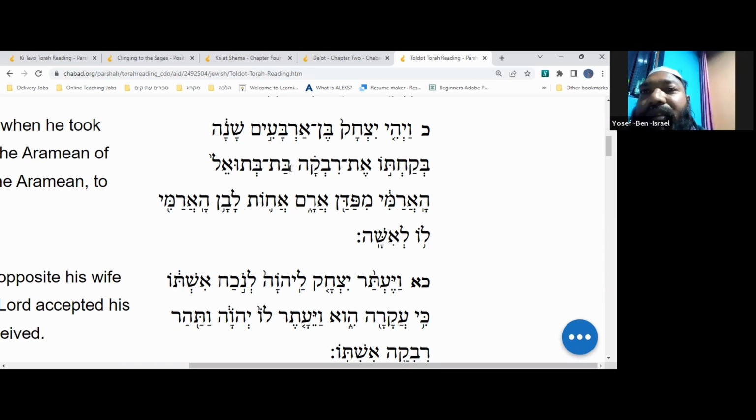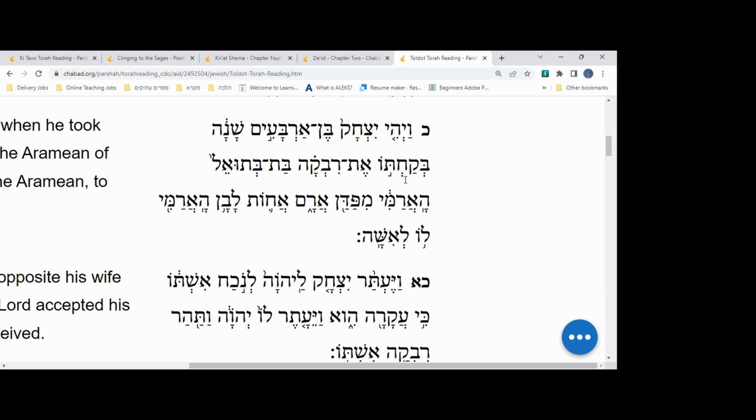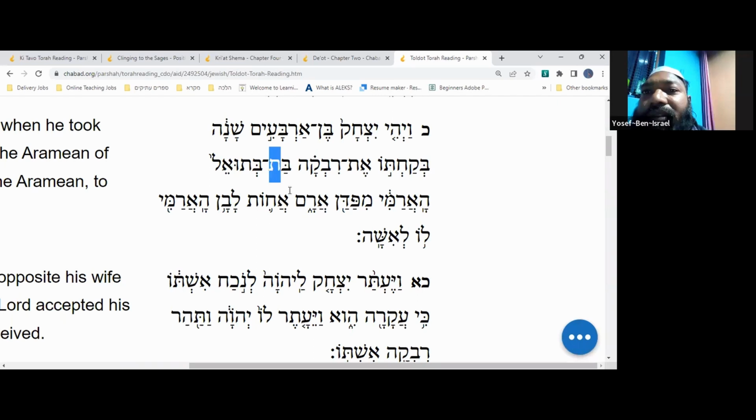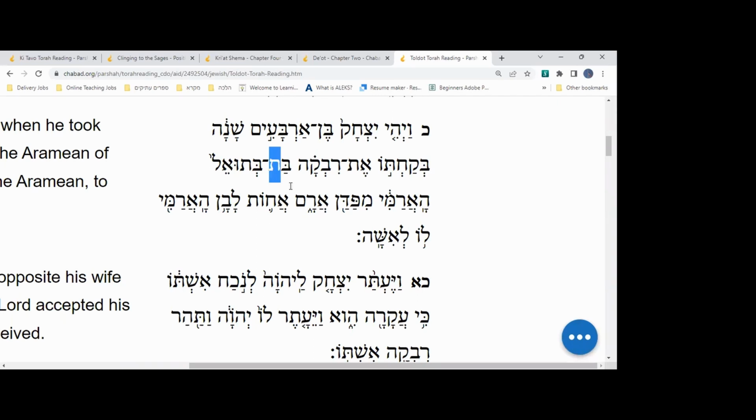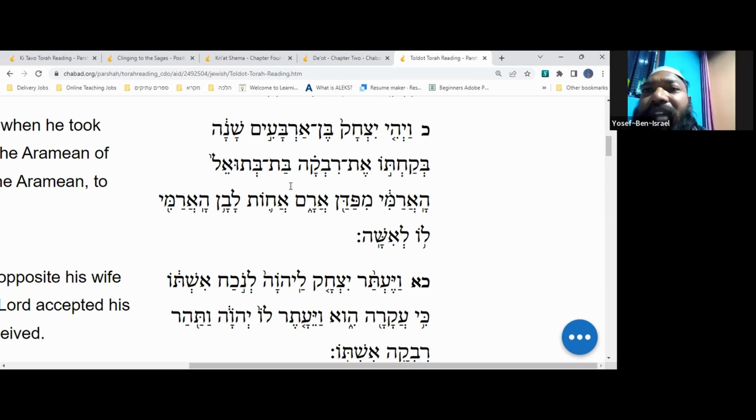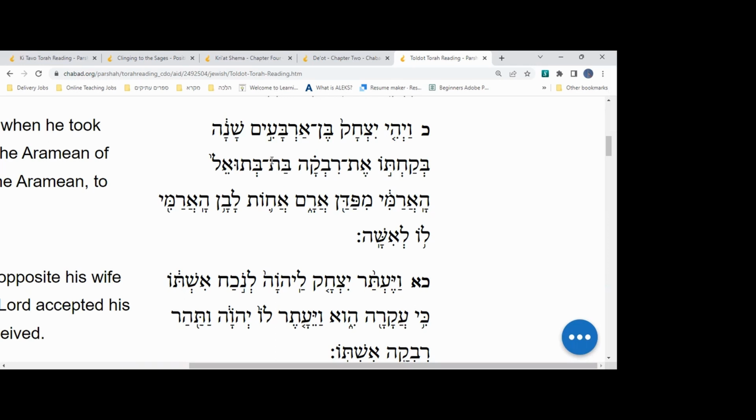Next word. Bath. TH like the word think. I think you are a good man. Yeah, bath. Not "bat," because that is modern Hebrew. They simplify it.